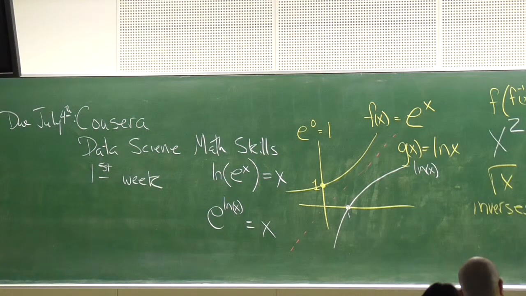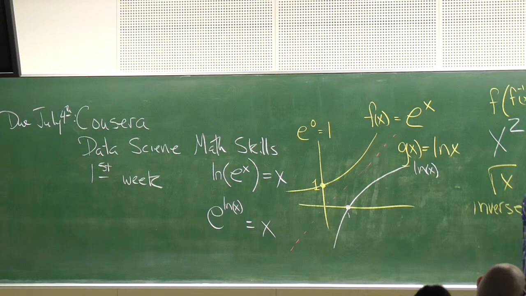If I ask you, what's the log base 10 of 1,000, that means what exponent do you have to put on 10 to get 1,000? So 10 to the what equals 1,000? The answer is 3. So we say the log base 10 of 1,000 is 3, because 10 to the 3 equals 1,000.